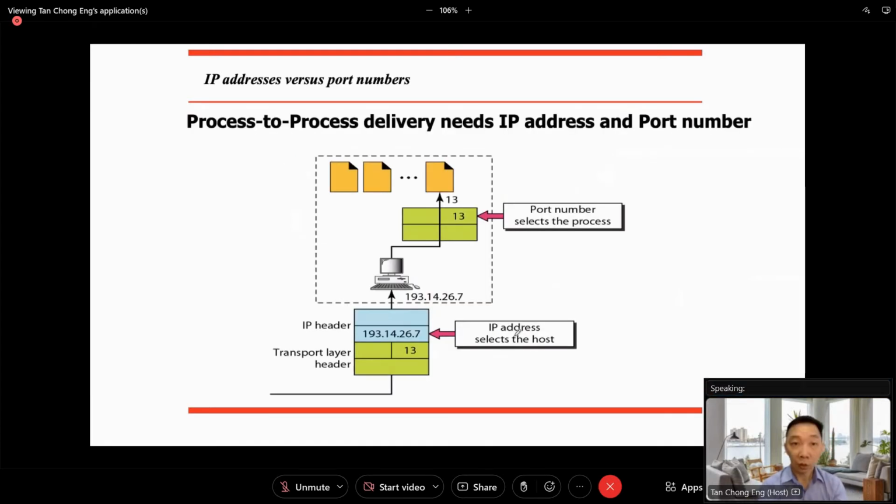So process-to-process delivery will need an IP address and a port number. Otherwise, this cannot happen. I know your computer can run multiple services, but you have to differentiate them, and this is how you differentiate them, by using different port numbers. The IP address can be the same, but you are using different port numbers.